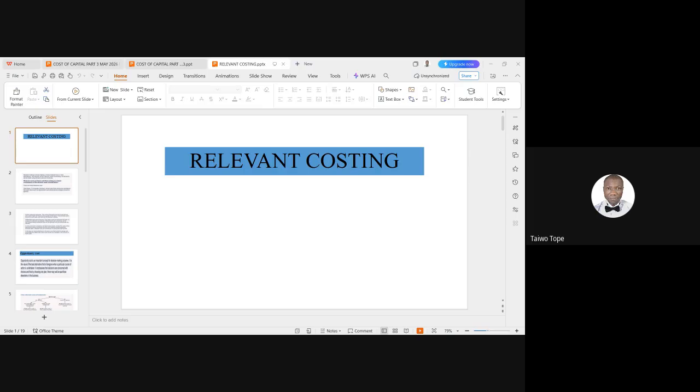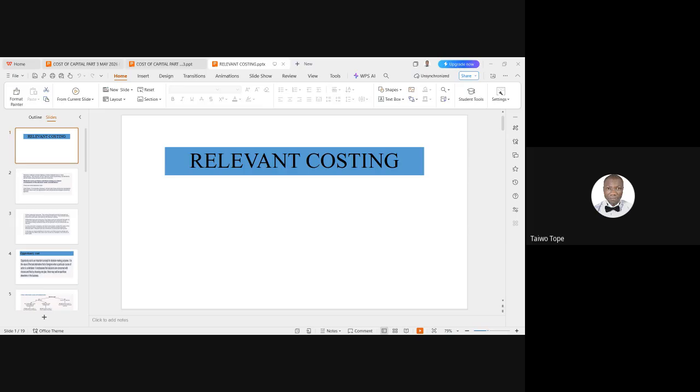So relevant costs encompass future cost. Relevant costs encompass incremental cost or extra cost. Relevant costs encompass opportunity cost.